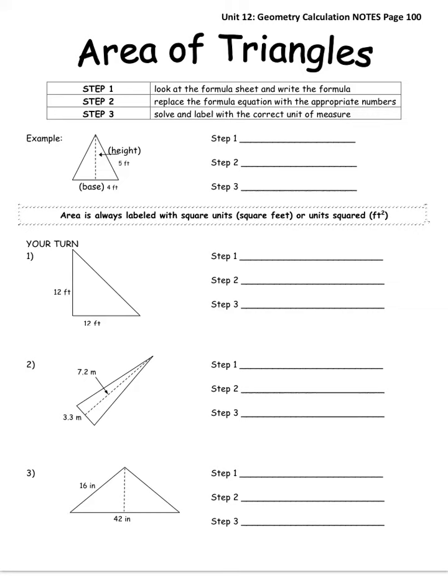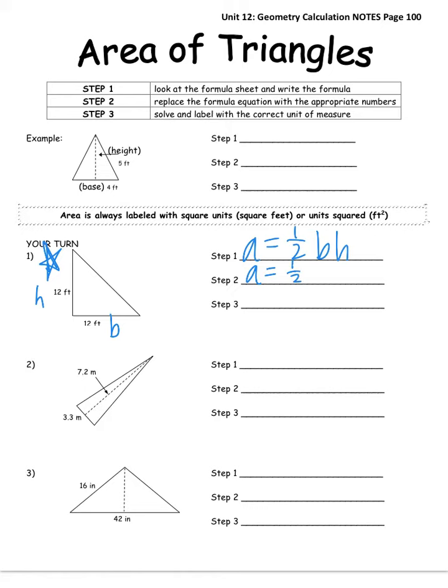Let's go back to the page with area of triangles and see how many of you caught a mistake in the video. So area is 1/2 base times height. For the base, I had used 2 and it should have been 12.